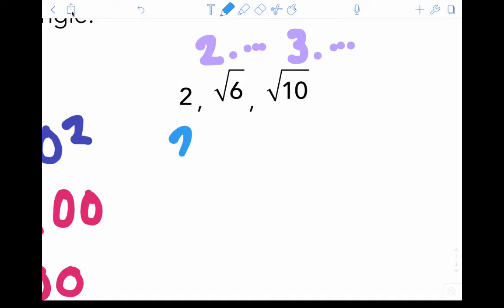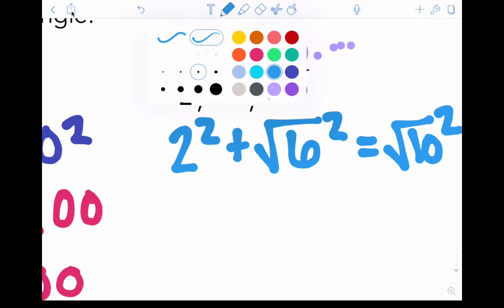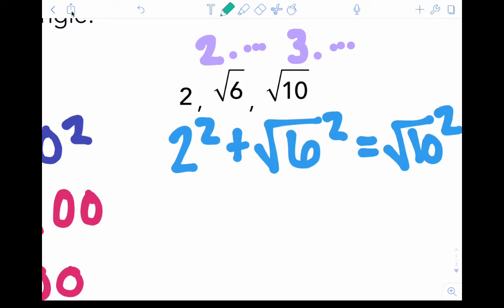So let's put these into the Pythagorean theorem. 2 squared plus the square root of 6 squared equals the square root of 10 squared. Make sure you put in the numbers that are given to you. If you're given square roots, put those into this equation, because watch what happens as we work through this. 2 squared is 4.